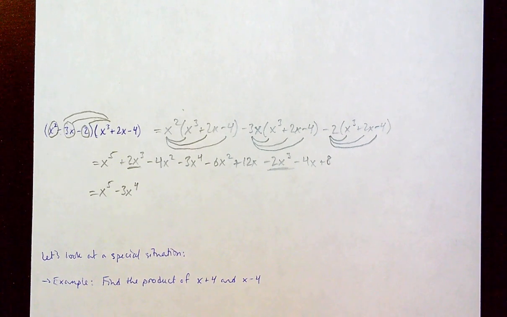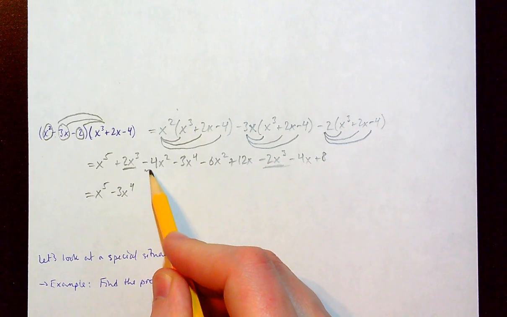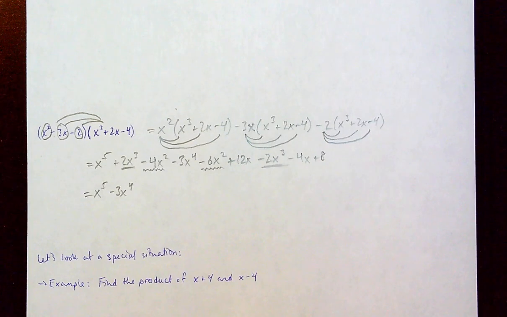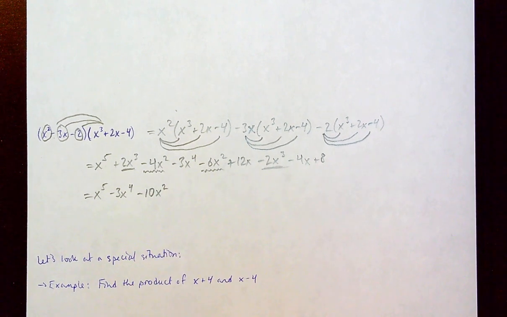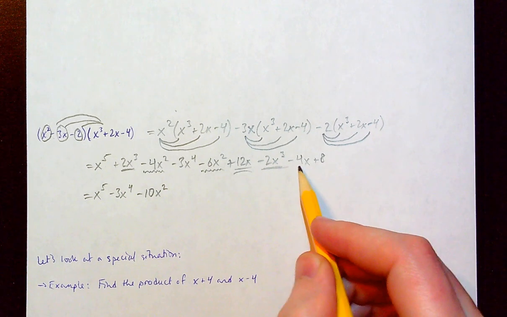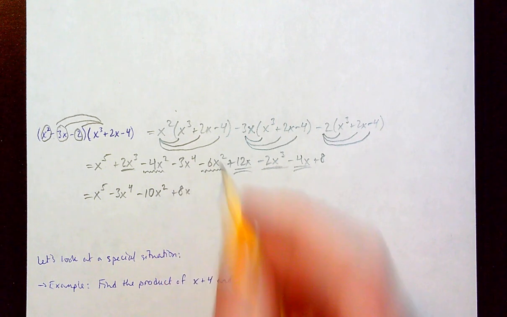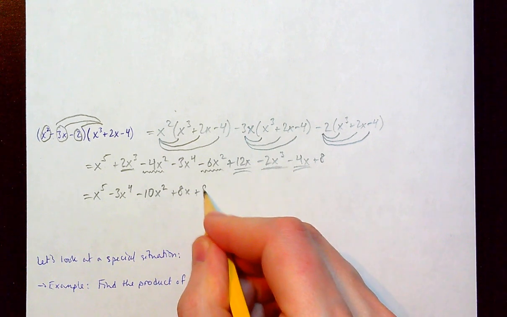So plus 2x to the third minus 2x to the third, those guys are actually just going to cancel out. Next, I have a minus 4x squared and a minus 6x squared. I can combine those to give me minus 10x squared. I have the plus 12x and the minus 4x. Those combine to give me plus 8x. And then I just have the plus 8 at the end.